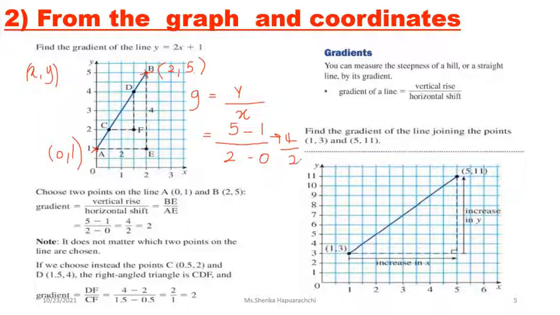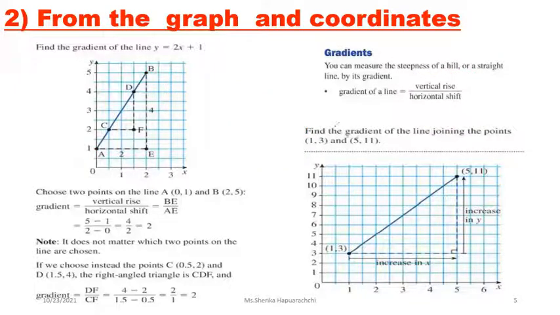You draw a right angle triangle, and from there you get the starting points and the ending points, and from there you get the gradient. We know the gradient means the y value difference divided by the x value difference, or the vertical rise divided by the horizontal shift. And the third method, when they give the two coordinates, how to find the gradient. Now let me do with this.